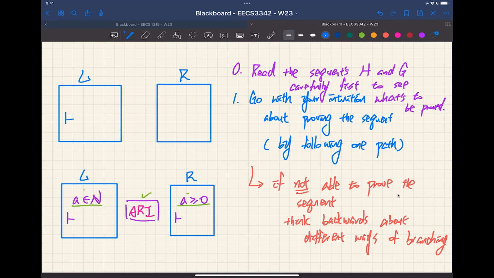Let's say we got A larger than B, and then B larger than or equal to C, right? Of course, this one is very focused. You can easily see, but they might be spread out into different hypotheses. In this case, you can circle this, and then you do ARI, right? And then this one can be reduced into A larger than or equal to C, right?